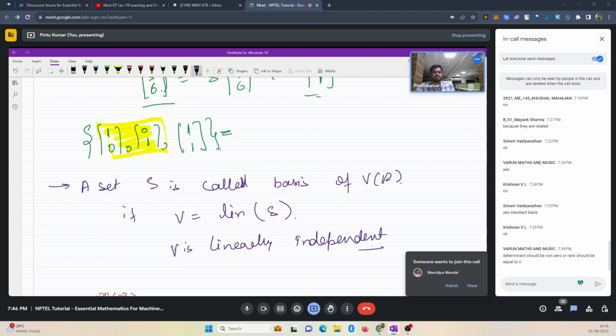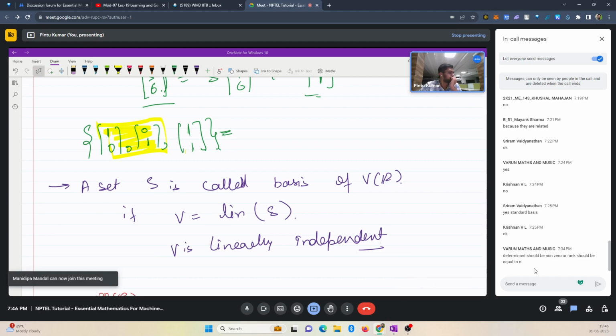Okay, am I clear with the definition of basis?